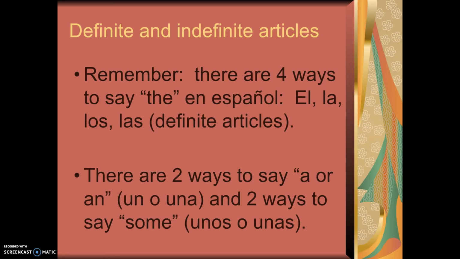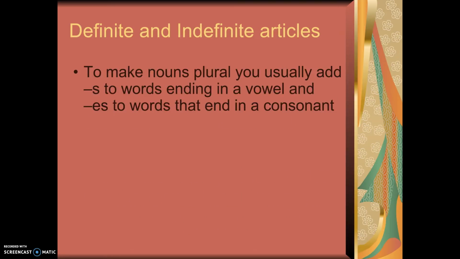Okay, to make nouns plural, you usually add an S. So if I want to make chico plural, it's chicos, okay? So if the word ends with a vowel, you add an S. If it ends with a consonant, you add an ES to it, okay?